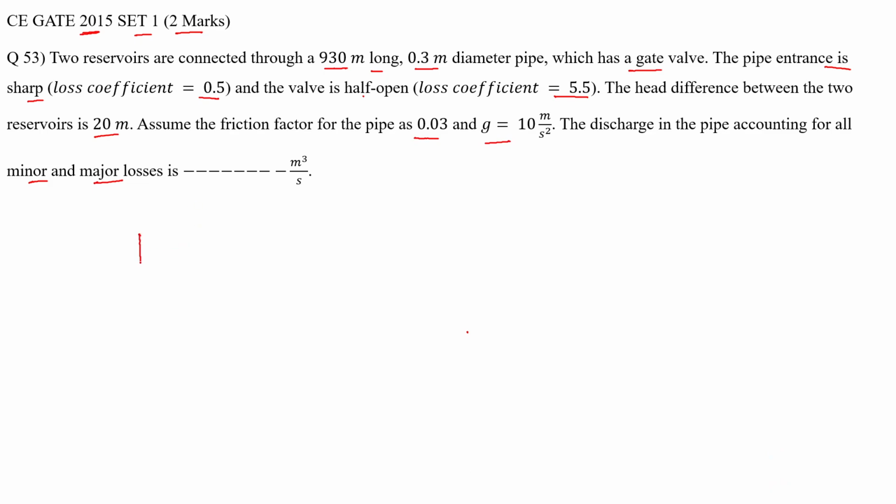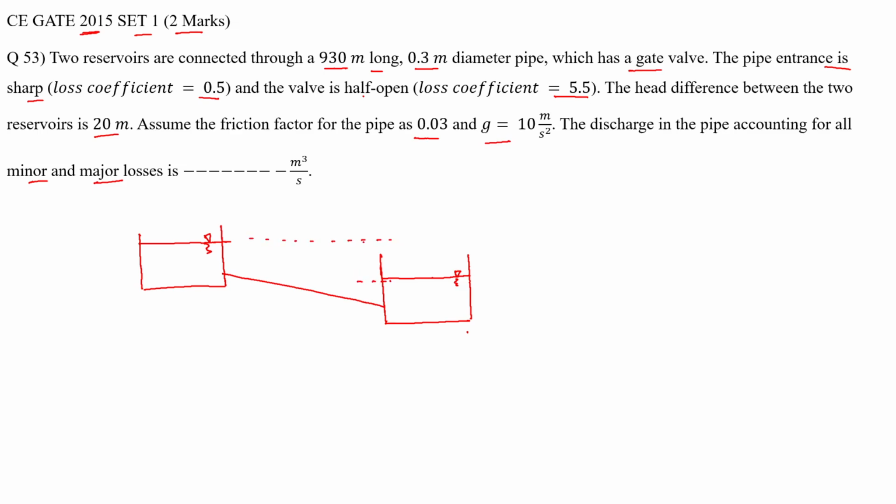They mentioned that there are two reservoirs connected to a pipe. Let's say in this reservoir we have this much water level, and in this reservoir we have water level at this location.